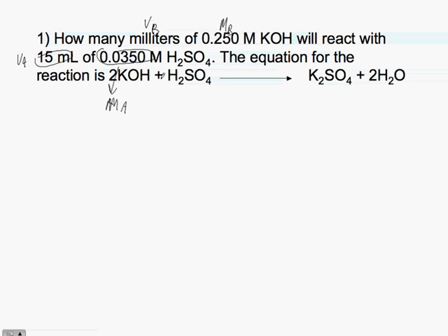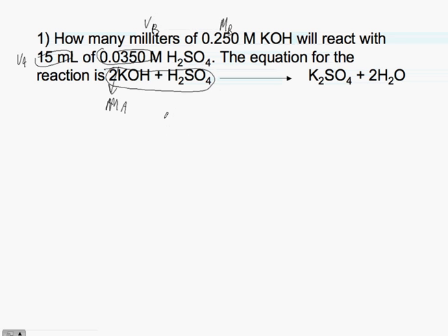So to solve this problem, I use the dilution formula, but I add one more concept to it, which is that I take into account the molar ratio in the chemical equation.